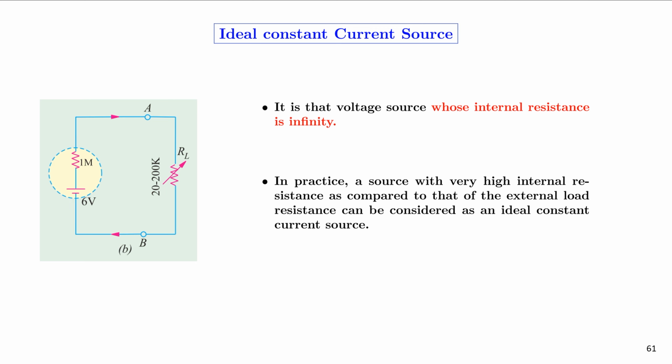By definition, an ideal constant current source is a voltage source whose internal resistance is infinity. As an internal resistance of infinity cannot be realized in practice, a source with very high internal resistance as compared to that of the external load resistance can be considered as an ideal constant current source.